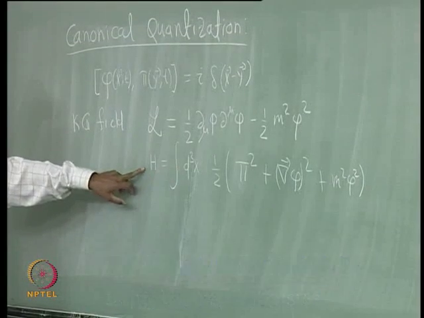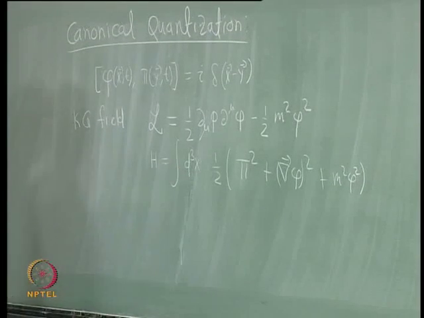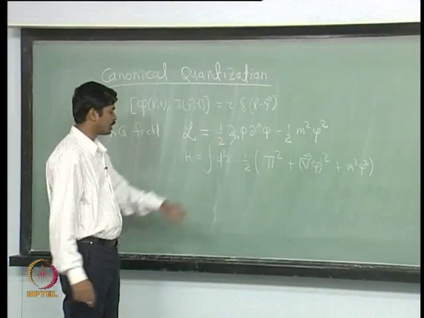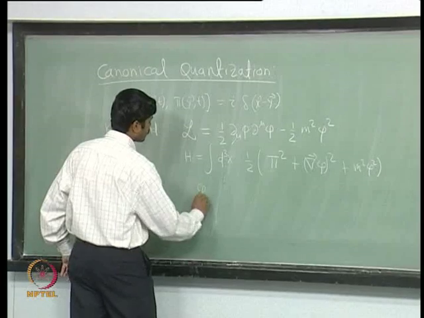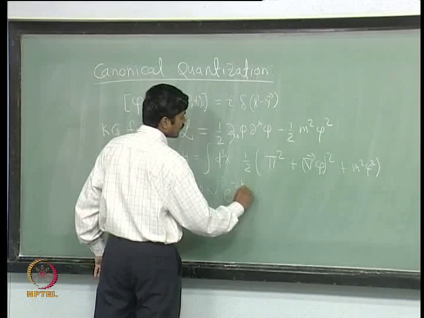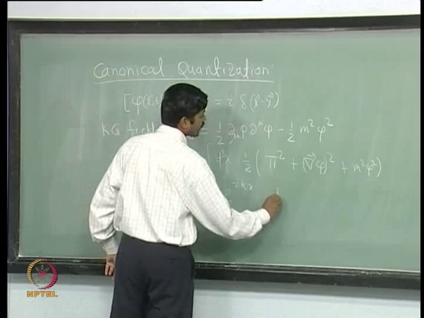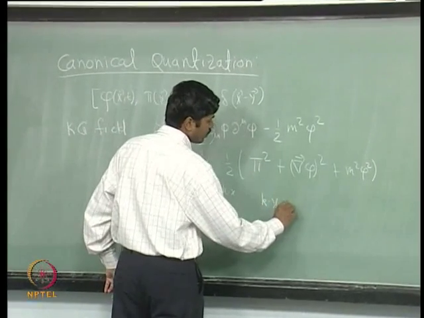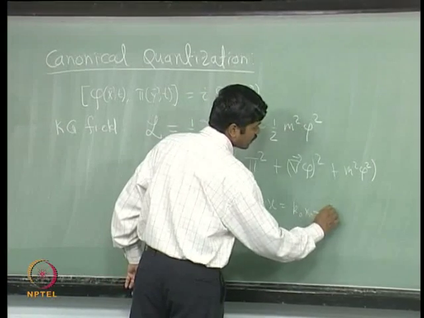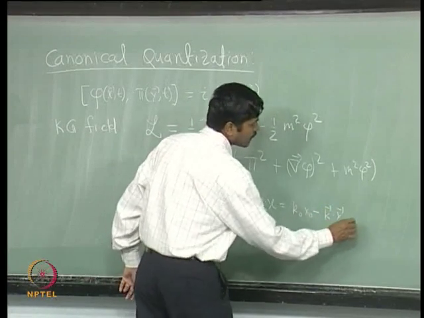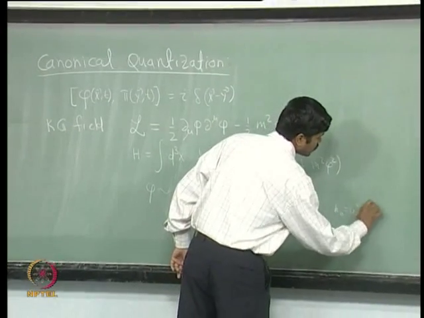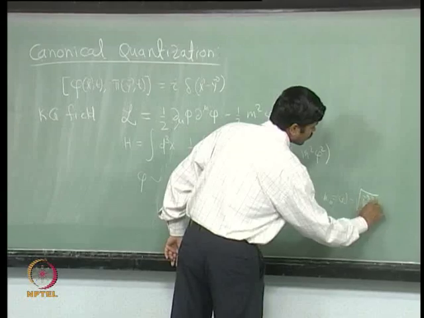In order to do that, we were considering the plane wave solution to the equations of motion. The plane wave solutions are of this form: phi is e to the power minus i k dot x, where k dot x equals k0 x0 minus k vector dot x vector, and k0, which I also denote as omega, is the square root of k squared plus m squared.